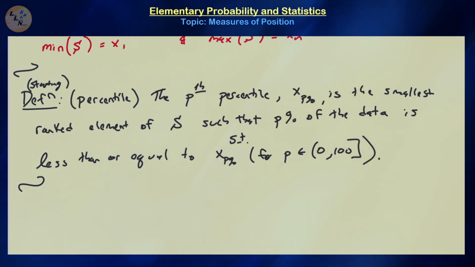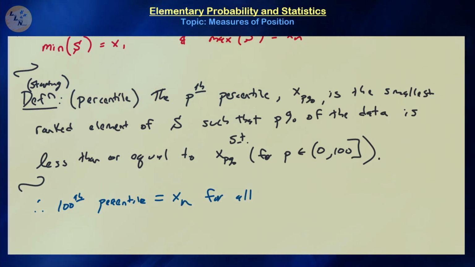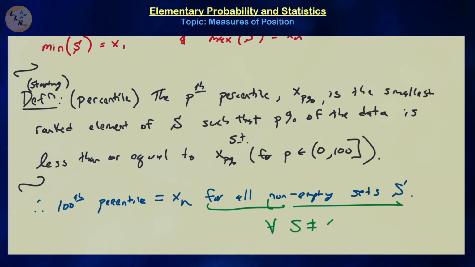So from this definition, you should be able to see that the 100th percentile is always going to be equal to xn. And this is for all non-empty sets S. You may see people write this statement for all non-empty sets as upside down A, S not equal to the empty set.